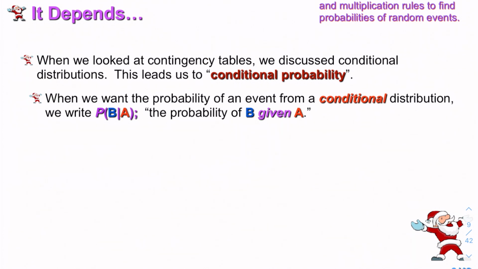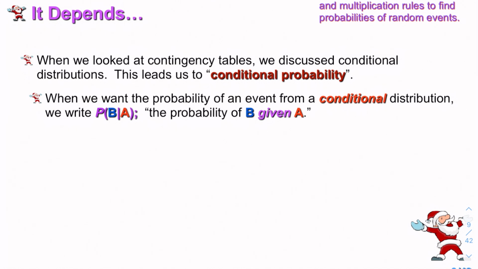And here is our second time that we're seeing this notation. First time we saw it was in class, but when we looked at contingency tables, we discussed conditional probabilities and conditional distributions. And this leads us to conditional probability.